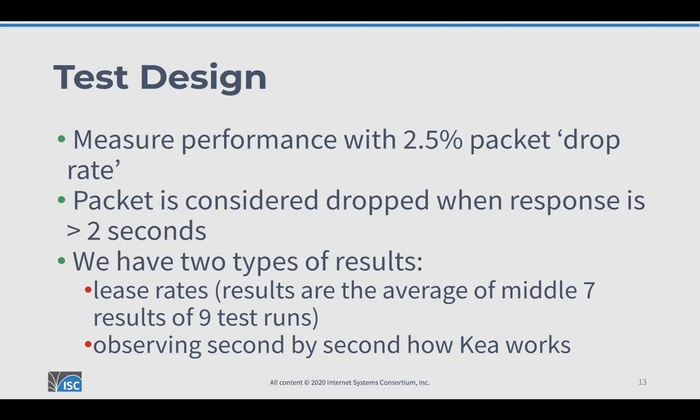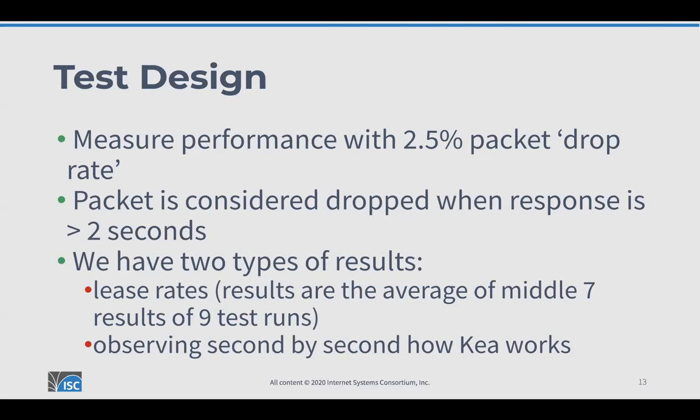Perfdhcp is not able to distinguish a dropped packet from a late one, so we get them all in one category of dropped packets. Every packet whose reply was sent back to perfdhcp 2 seconds or longer after the initial packet was sent is considered dropped.